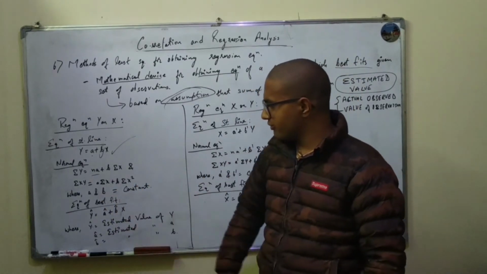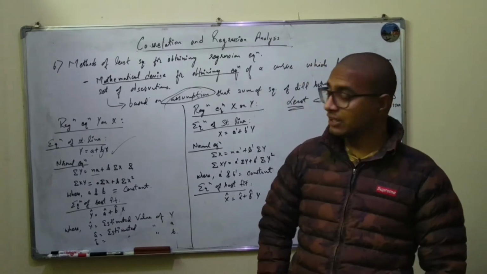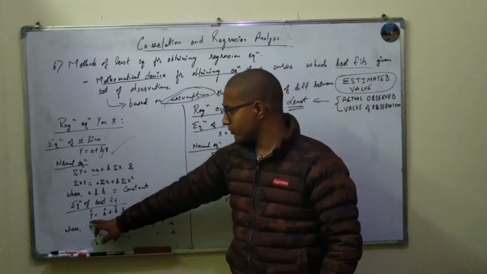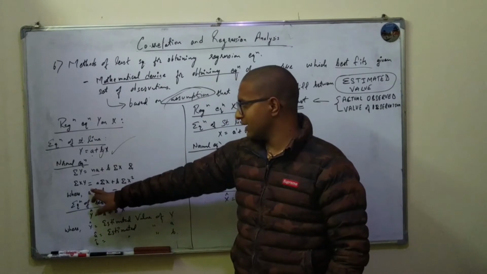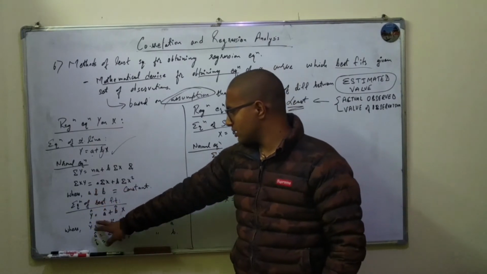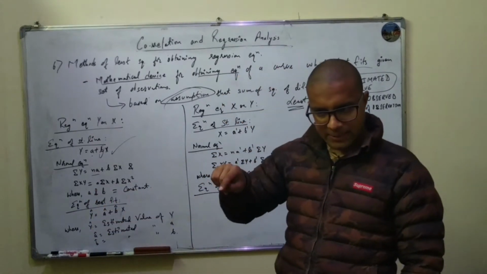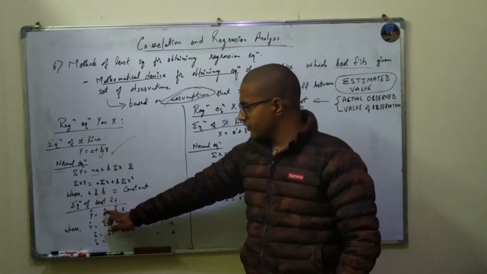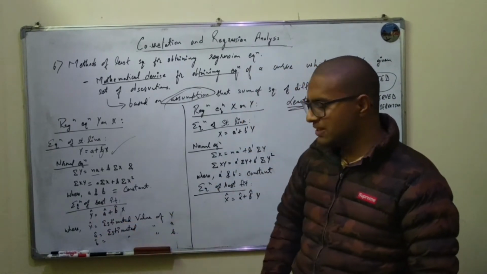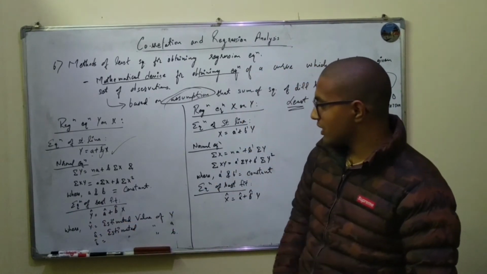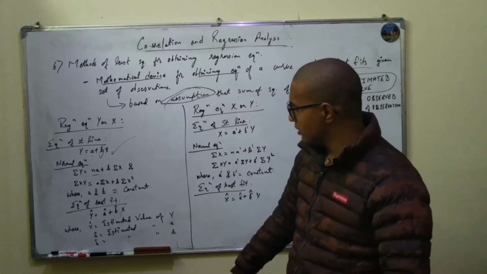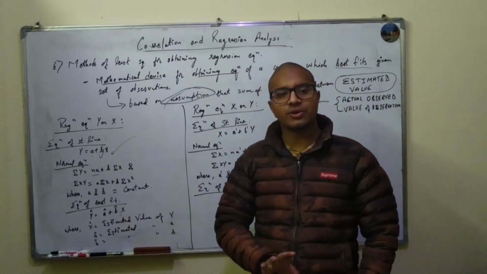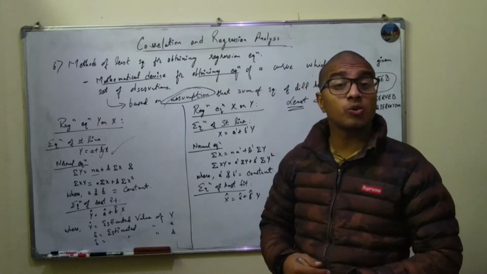So the equation of best fit will then be y hat, your expected value, is equal to a hat, your estimated value, plus b hat, your estimated value, multiplied by x. Okay, so this will be your best fit equation.